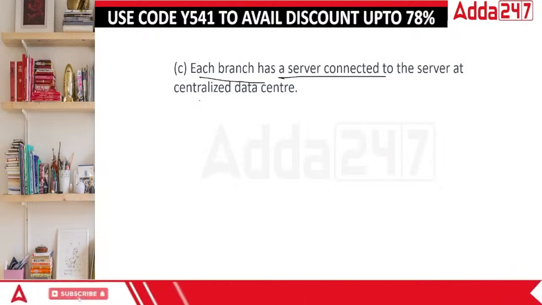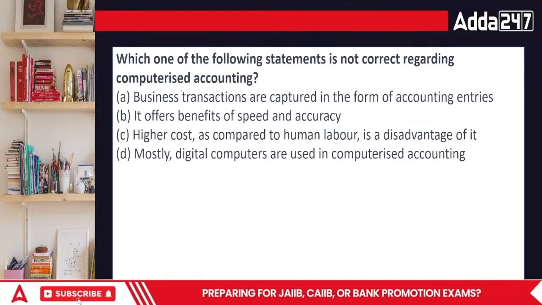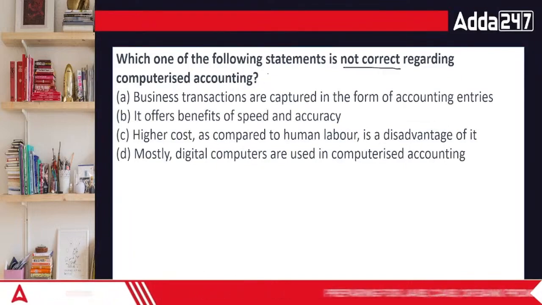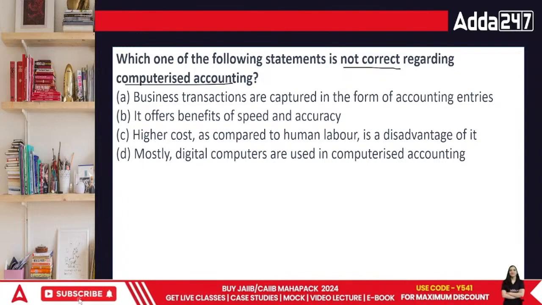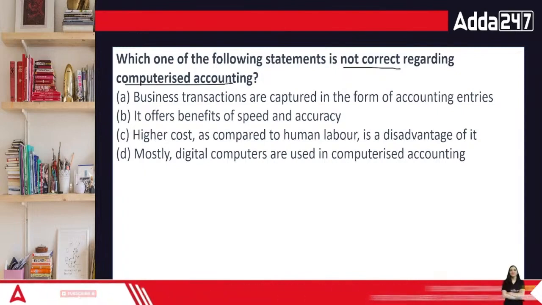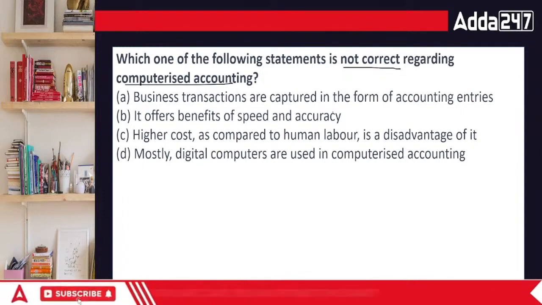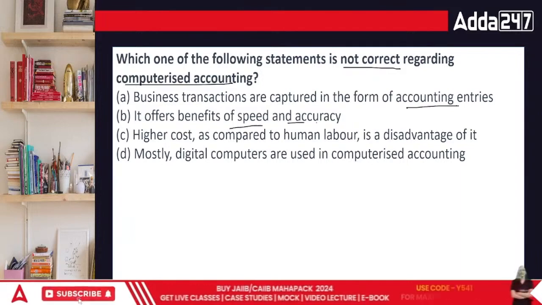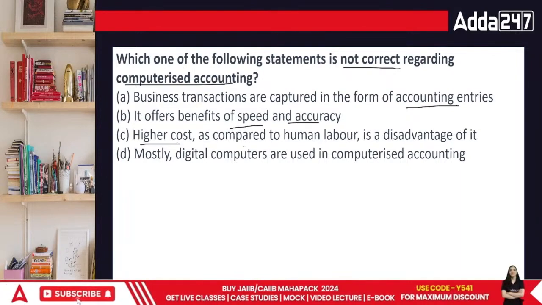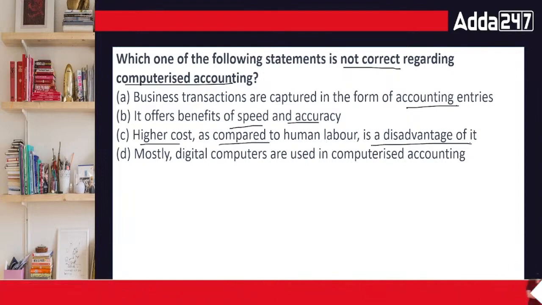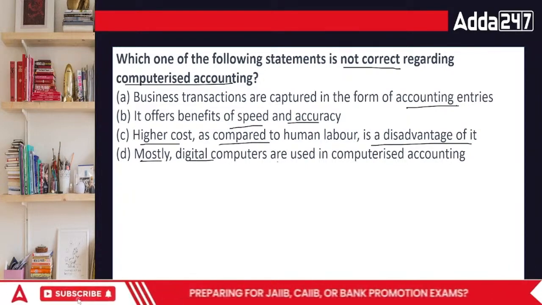Okay, then comes the next point. Which one of the following statements is not correct regarding computerized accounting? Business transactions are captured in accounting entries. It is true. It offers speed and accuracy. Again, it is true. Higher cost as compared to human labor is a disadvantage of it. Mostly digital computers are used.